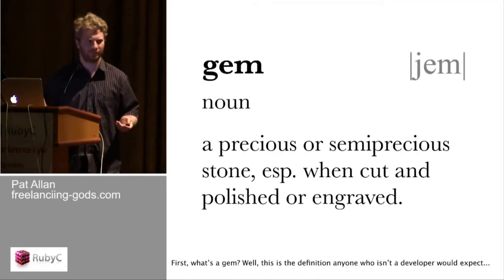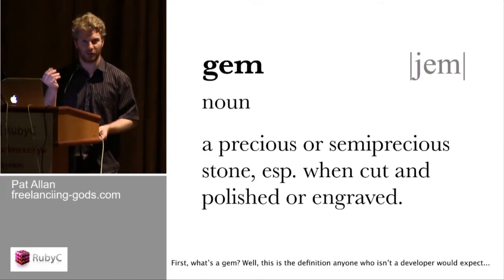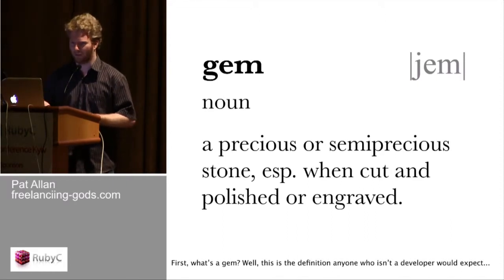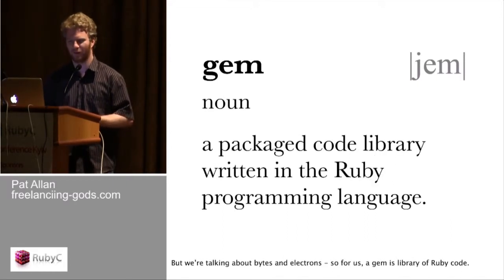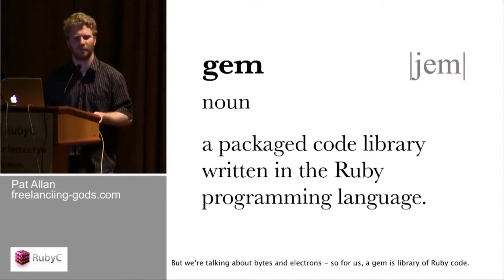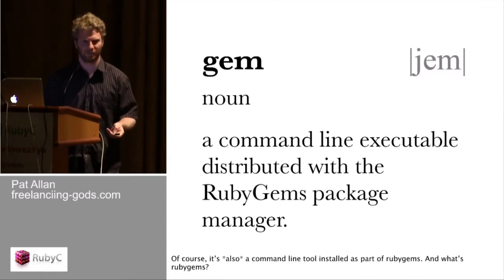Well, what's a gem? Well, for anybody outside of this room, it's a precious stone that's probably worth a lot of money. Our Ruby gems maybe not worth quite so much money, but a gem is essentially a packaged library of Ruby code that you can share. But it's also a command line tool that's distributed with the Ruby Gems package manager.